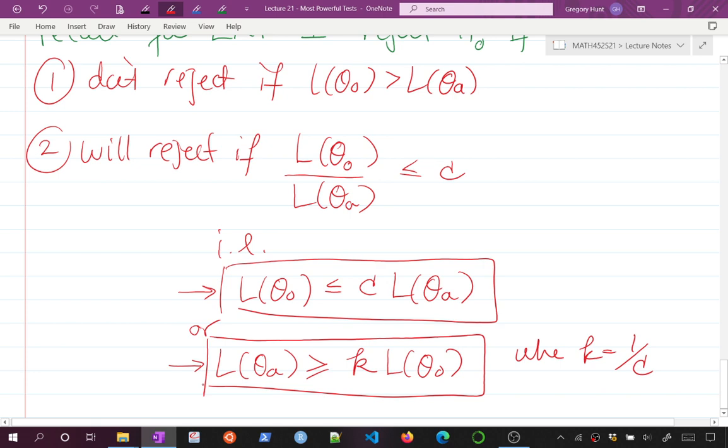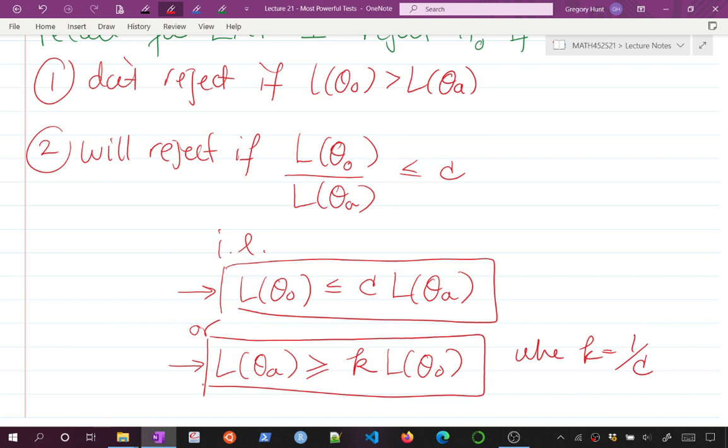It doesn't really matter. The point is that in our nice simple hypothesis, this actually comports with intuition, right? I only have 2 points, so let me just evaluate the likelihood for these 2 points. If the null hypothesis is more likely, not going to reject. If the alternative hypothesis is more than k times as likely as the null, I'll reject. Or alternatively, if the null hypothesis is less than C times as likely as the alternative, I will reject.